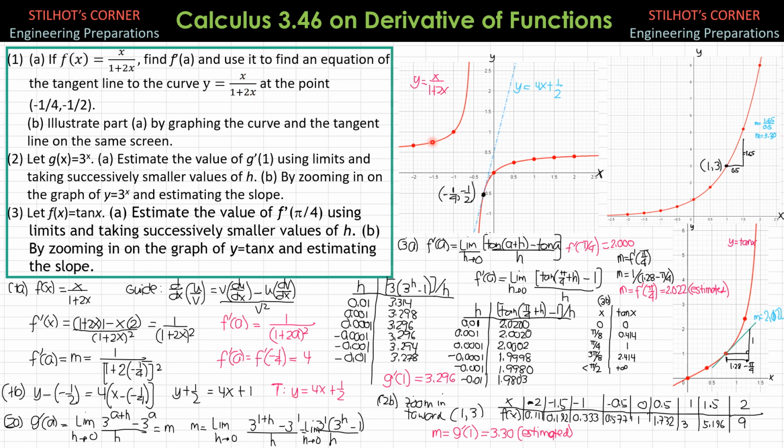When x is negative 1.5, negative 1.5 over negative 2, so negative 0.75 there. When x is negative 2, this is negative 3.